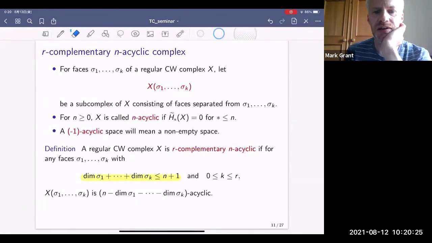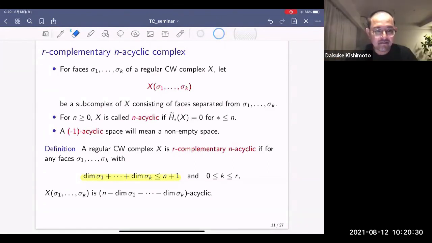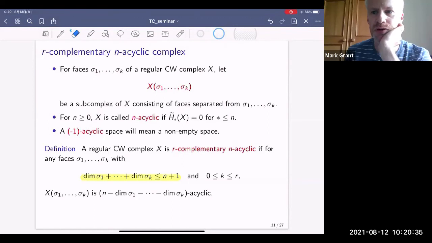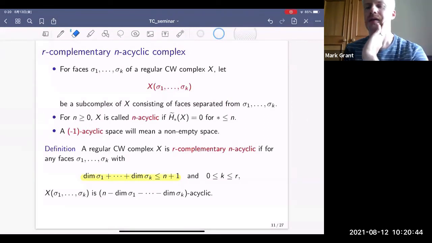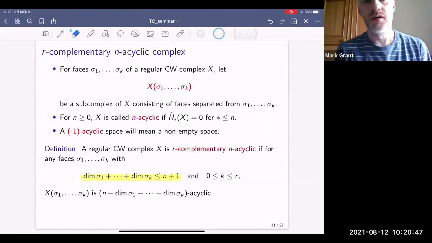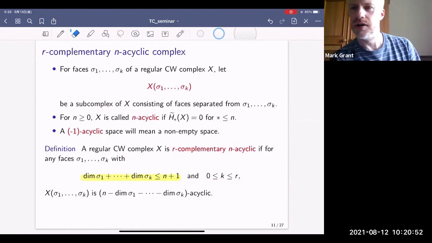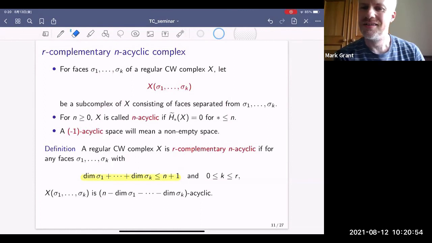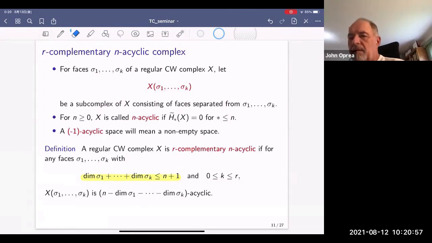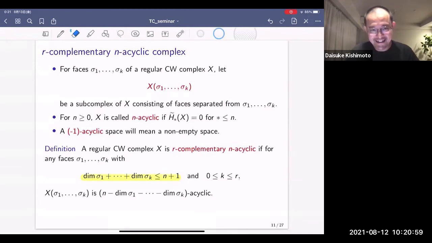If you take K to be 1, you're removing one face and saying that it's almost got the homology of a point. Yeah, I'd have to think about it and remind myself of the definition. It's complicated actually.